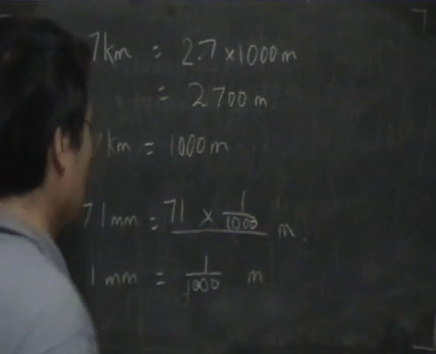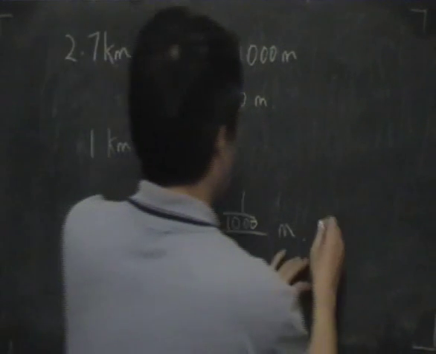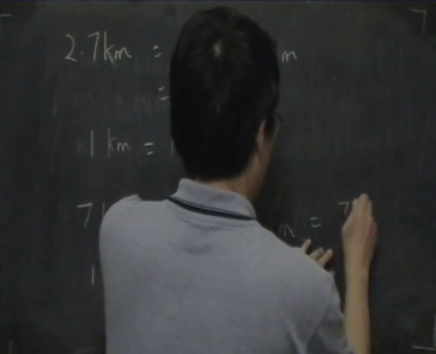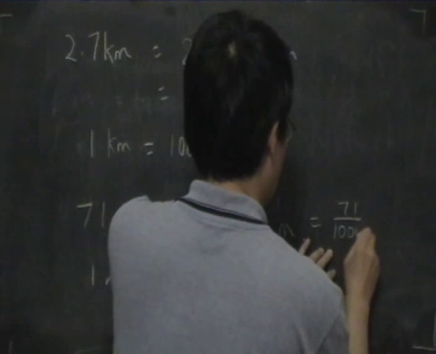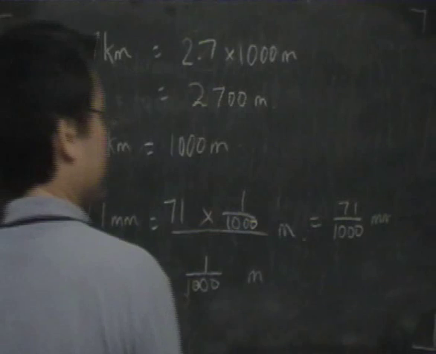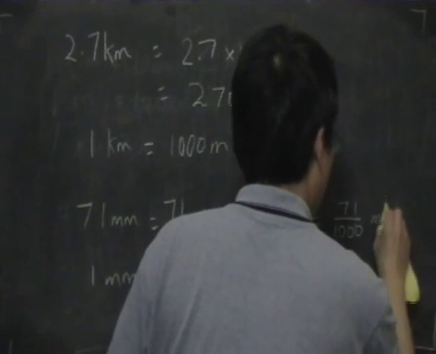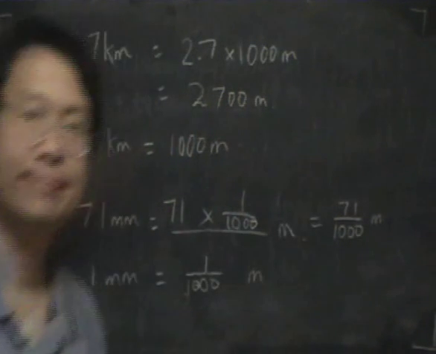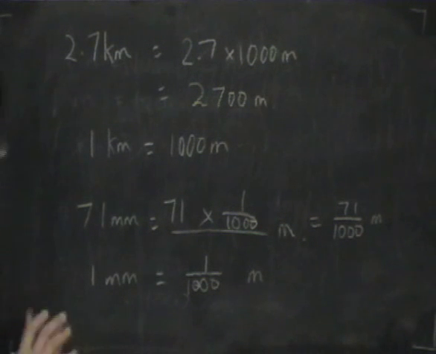So there we have the answer. You just multiply the two and you get 71 over 1000 meters. There. So that's how we do the conversion.